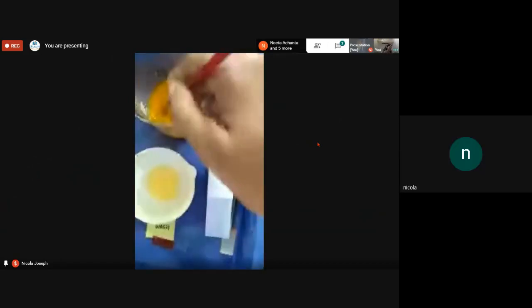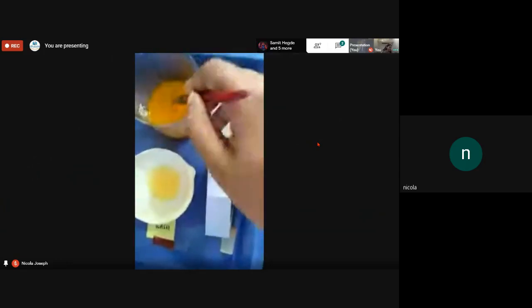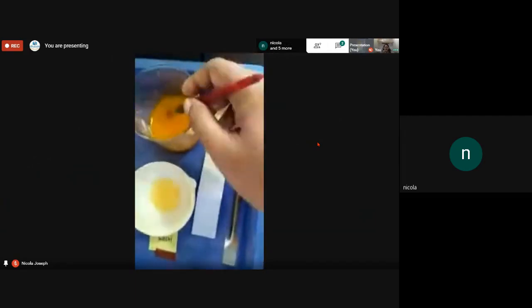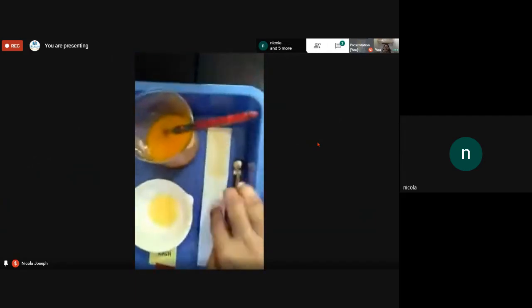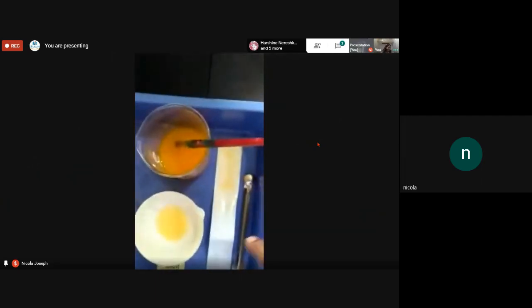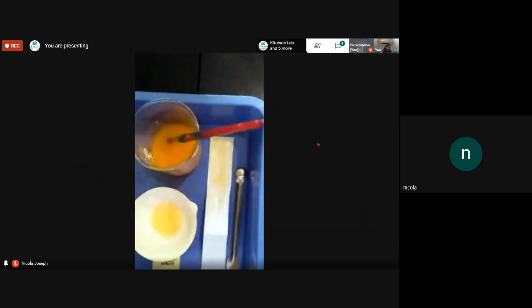So you'll need to make turmeric solution. You'll use a paintbrush and put the solution on paper and let it dry. Once one side of the paper is dry, flip it over and do the same on the next side of the paper and leave it to dry.